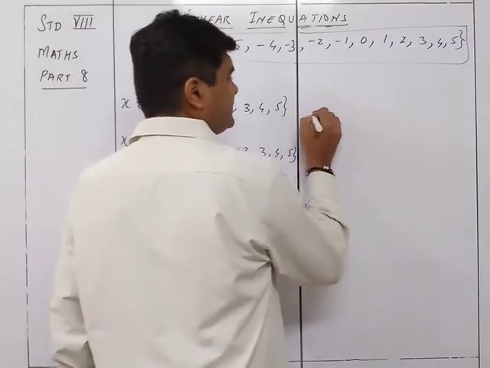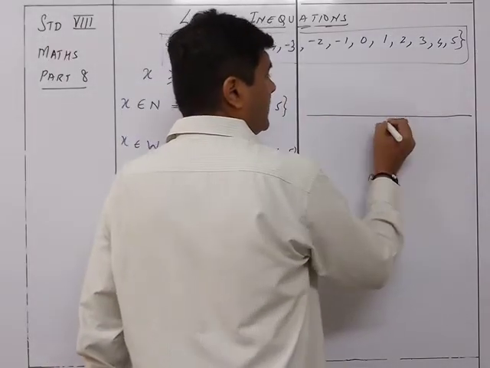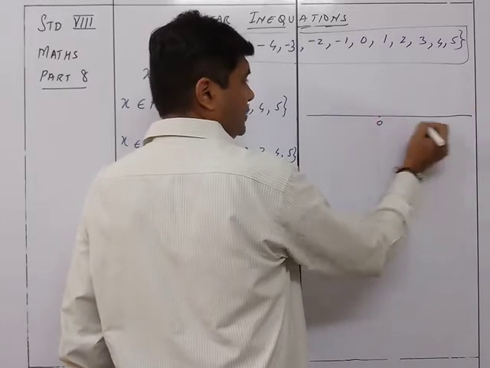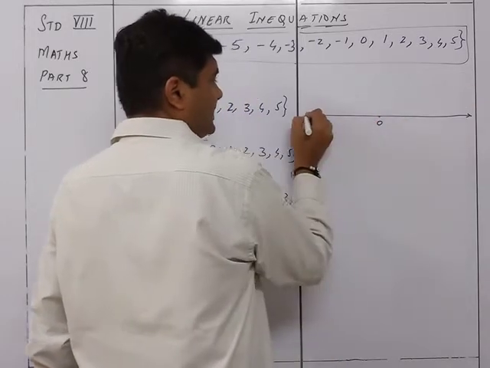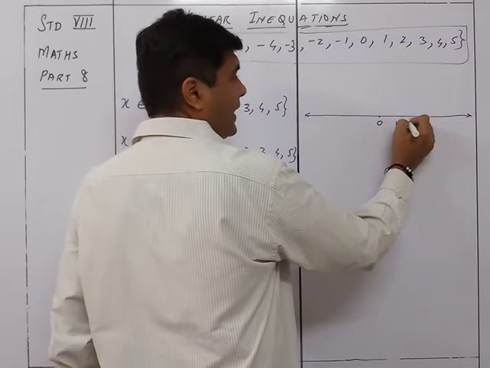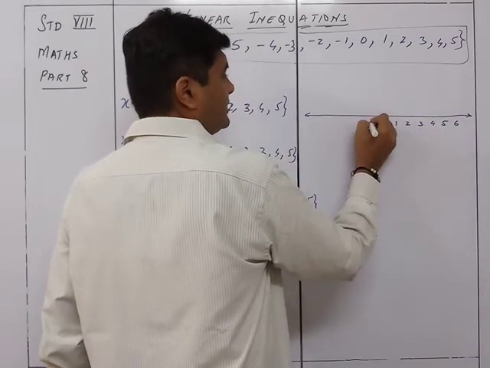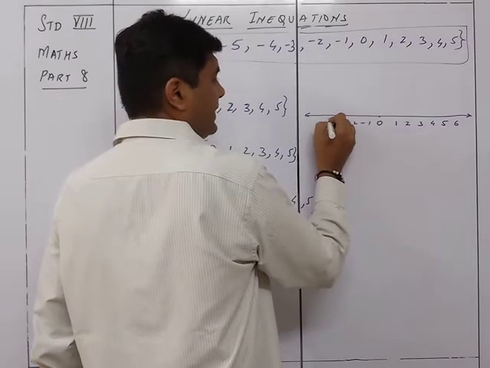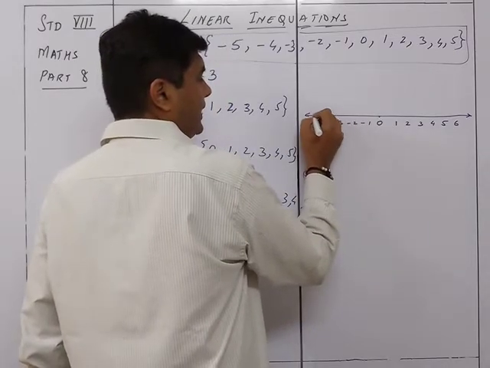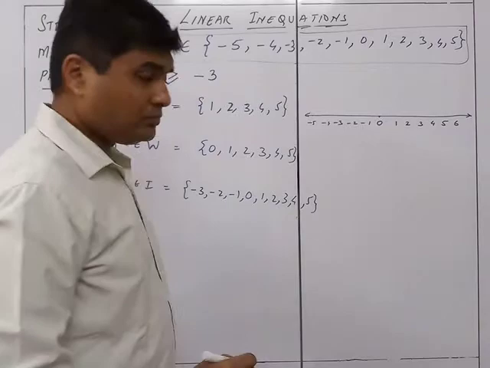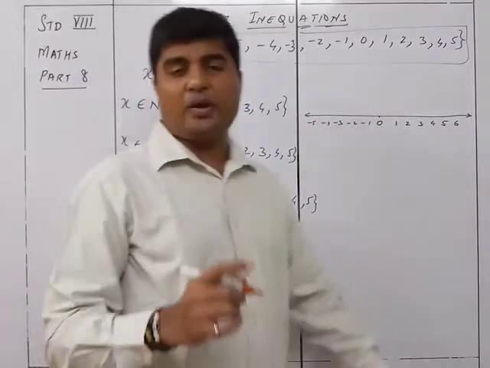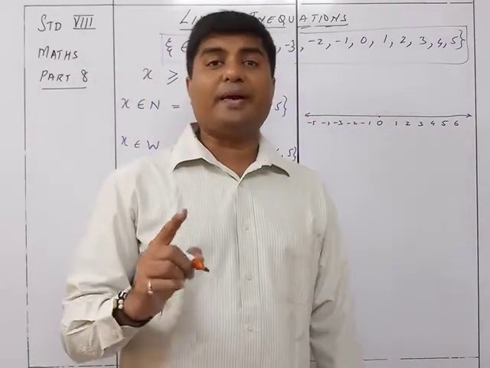We know it's just a straight line with the center as 0, extending on both sides. You're going to have the markings of 1, 2, 3, 4, 5, 6, -1, -2, -3, -4, -5, like this. You're not going to put any dots over here, because the dots will indicate that it is a part and parcel of the answer.